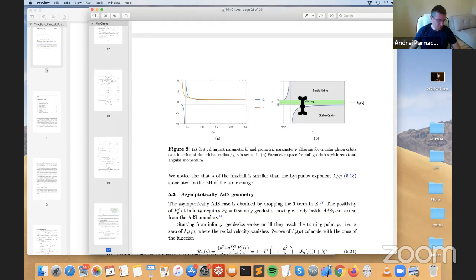Hi. So this is related to the comparison with the Lyapunov exponent computed by Maldacena, Shenker, and Stanford. These guys looked at the 4-point function at finite temperature, and that corresponds to scattering of 2 particles near the horizon.